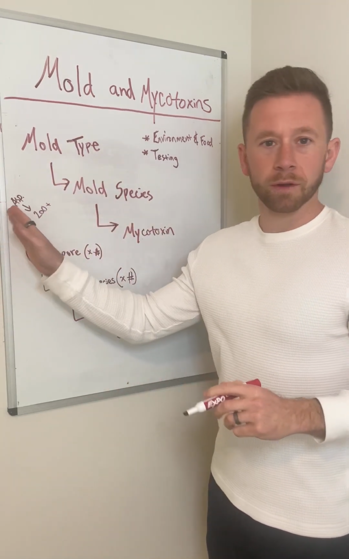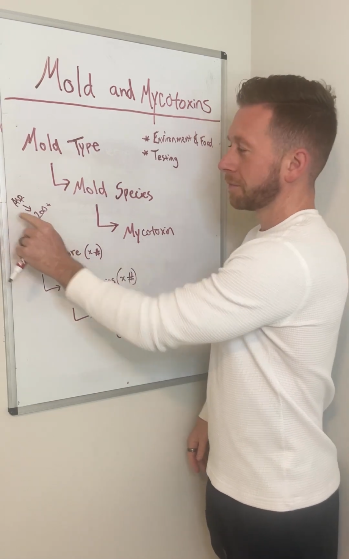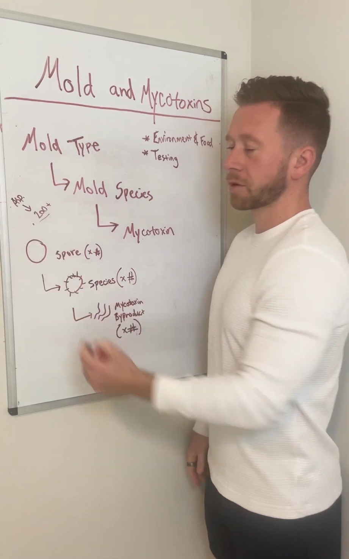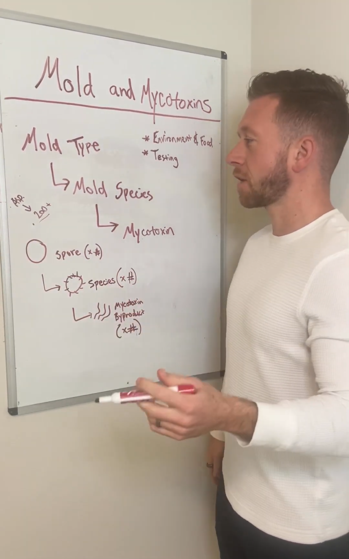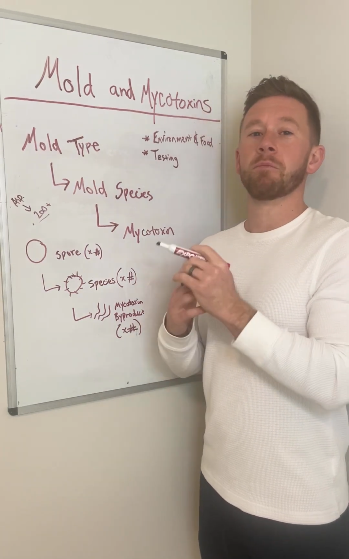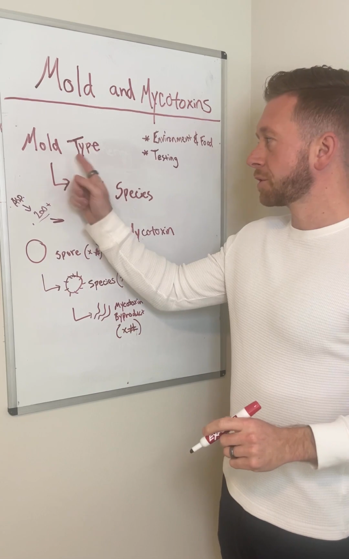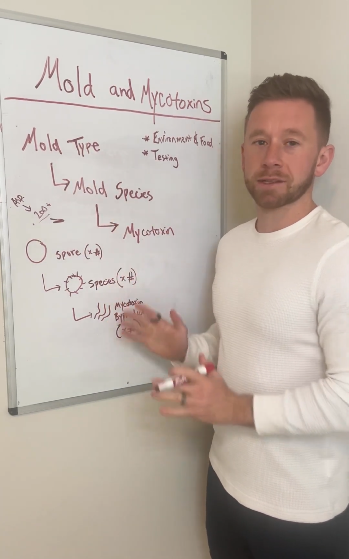Just like an animal, if I always say this to my clients, if there was a snake or a spider, that's just the type of animal. Now we've got 200 plus different species of that animal, just like most animals have multiple different species, right? Some of those species might be more hazardous than others. That is the mycotoxin. Mold type, mold species, mycotoxin, that's how it subdivides, and everyone has a different name.